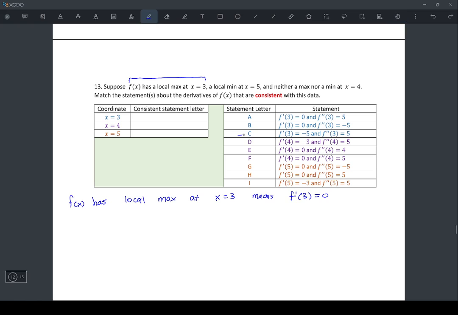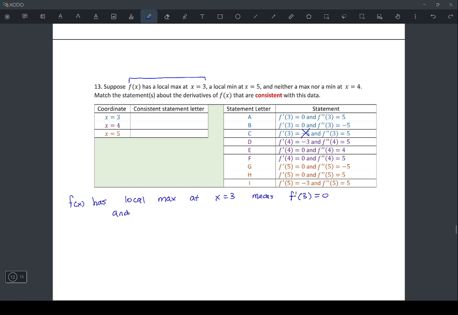Option C says that f prime of 3 is equal to negative 5. We can get rid of that option because f prime of 3 is 0, not negative. It has to be 0.